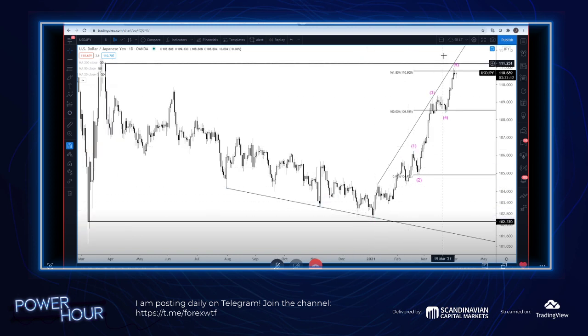Again, you've got five waves up. You've got a measurement here too, where waves 3 through 5 equal 161.8% of wave 1. That's a common relationship, so we've already reached that. The line that extends off the highs from January and March is going to be a wee bit higher, around 111.50.